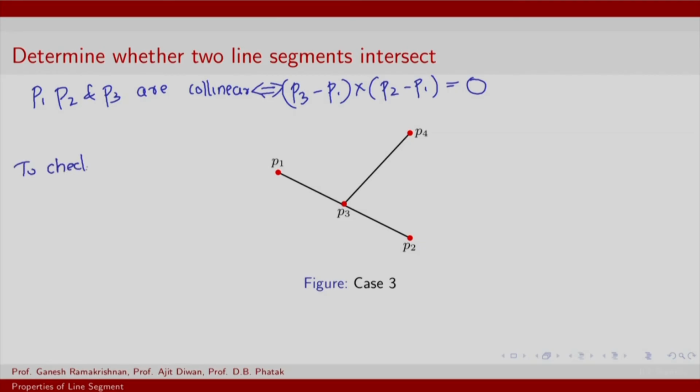To check if P3 lies on the line segment P1 P2, we are going to check if the x coordinate of P3 is between the x coordinates of P1 and P2.